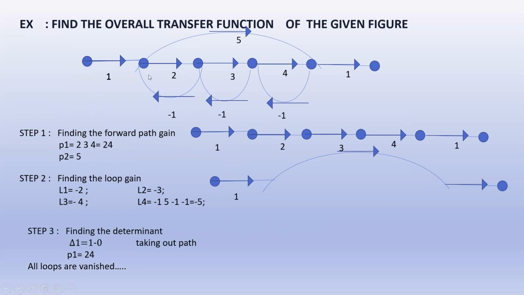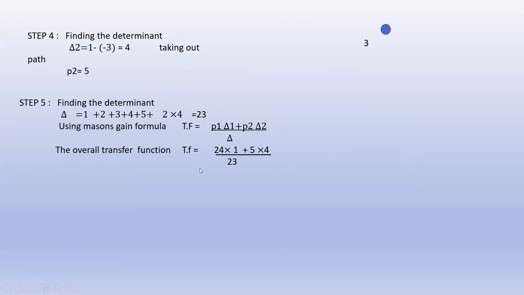That is this loop 1, which has a loop gain of minus 2 over here, and this loop 3, which has a gain of minus 4 over here. If we do the product of these two loop gains, we will get a plus sign. So if we add this 2 into 4 to this total, we have the determinant of 23.